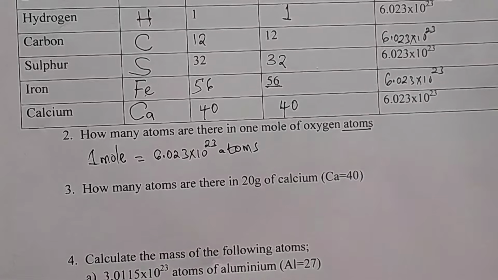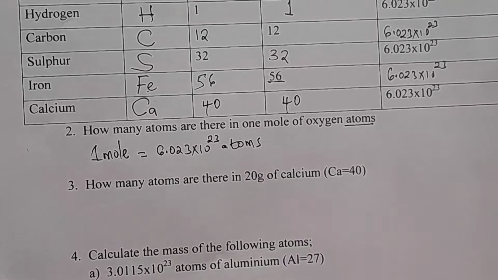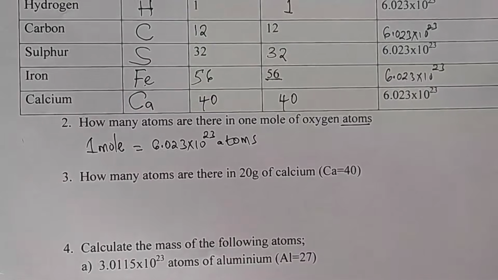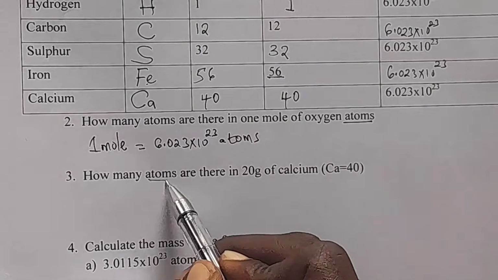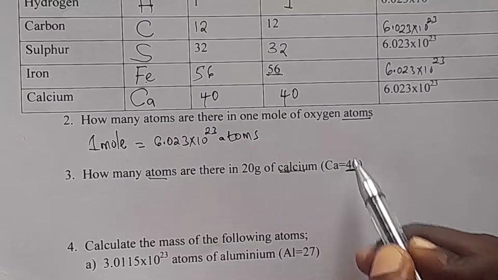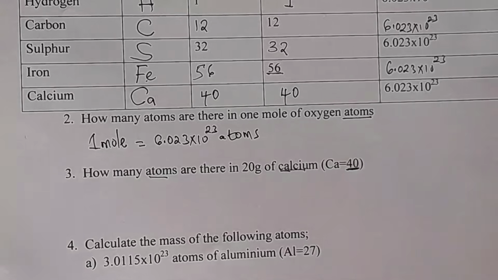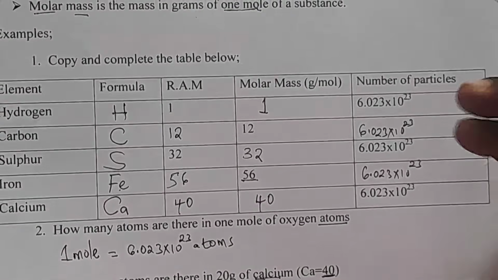So number 3, we are told how many atoms are there in 40 grams of calcium. So here in this case, the relationship that we are going to be dealing with is atoms with that of calcium, which we are given now the molar mass. Remember, whatsoever you are given in bracket will be the molar mass. So check the relationship here.